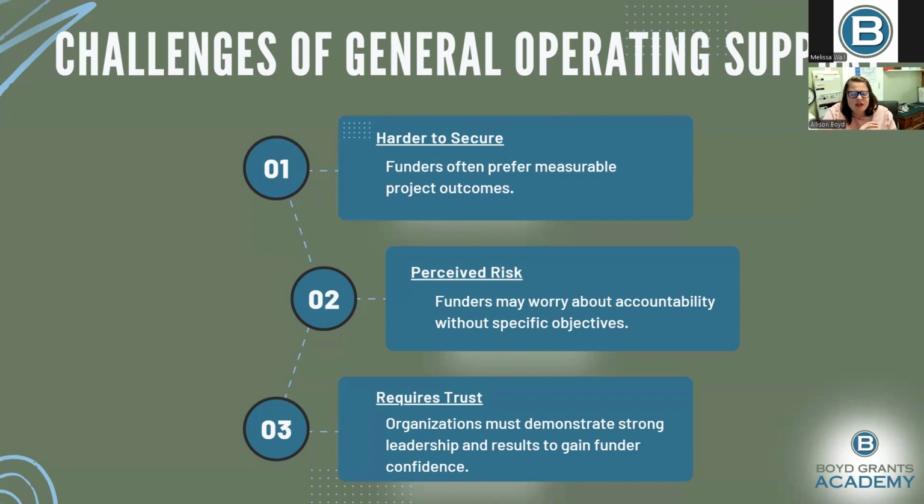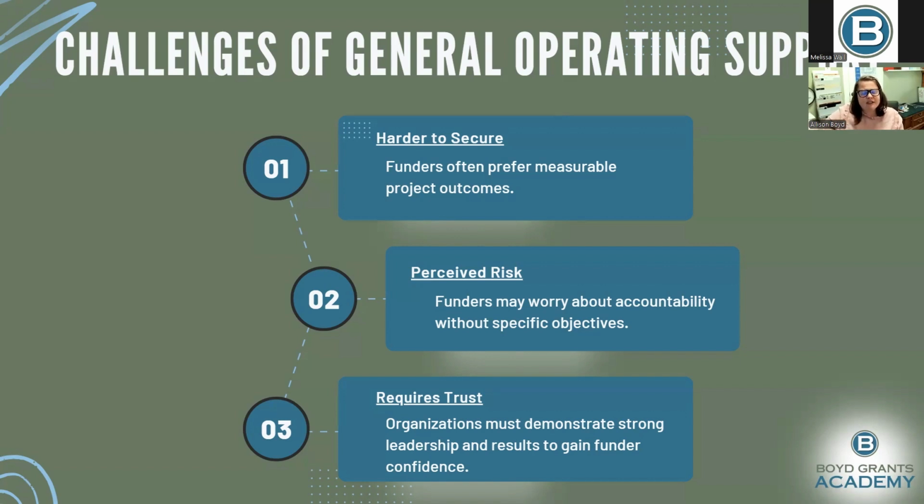So securing general operating support often means persuading funders to trust that their investment will lead to positive organizational growth, even if immediate measurable outputs aren't guaranteed. It's not just about the funding being used for operations, it's about showing how these operations ultimately support the mission, strategic goals, and long-term impact of the organization.